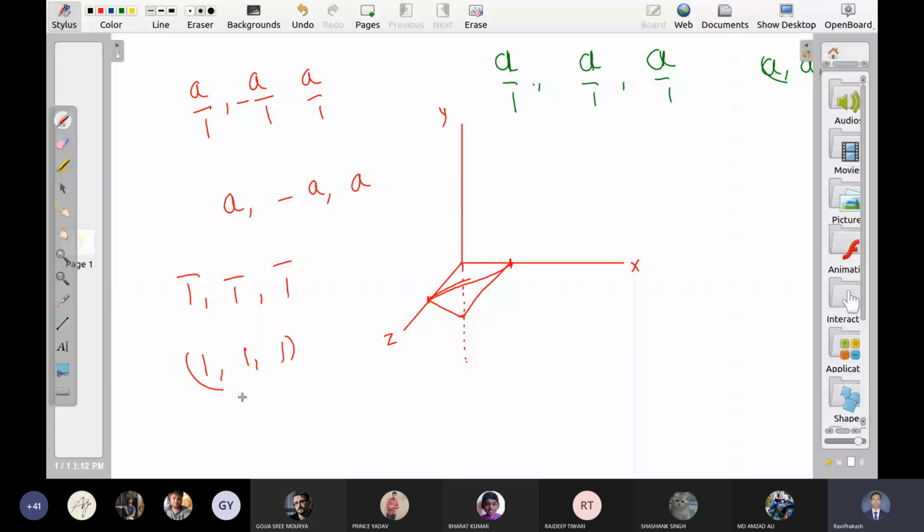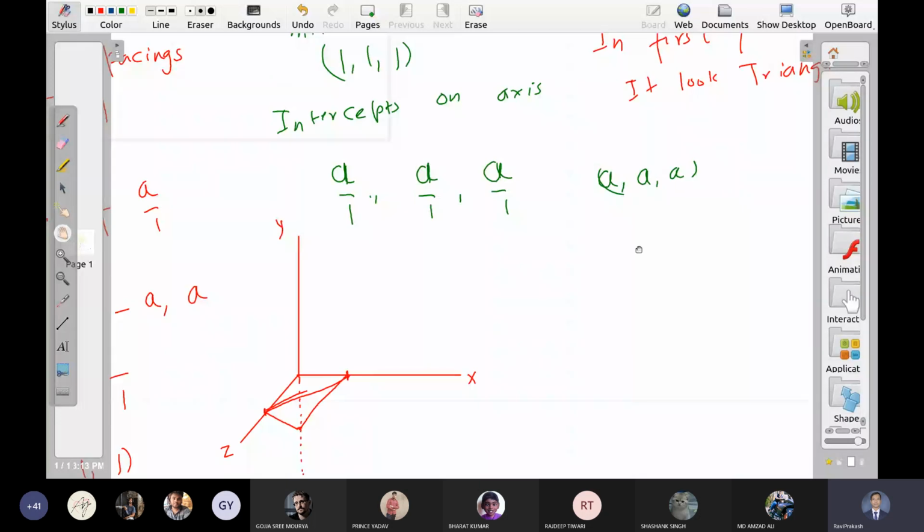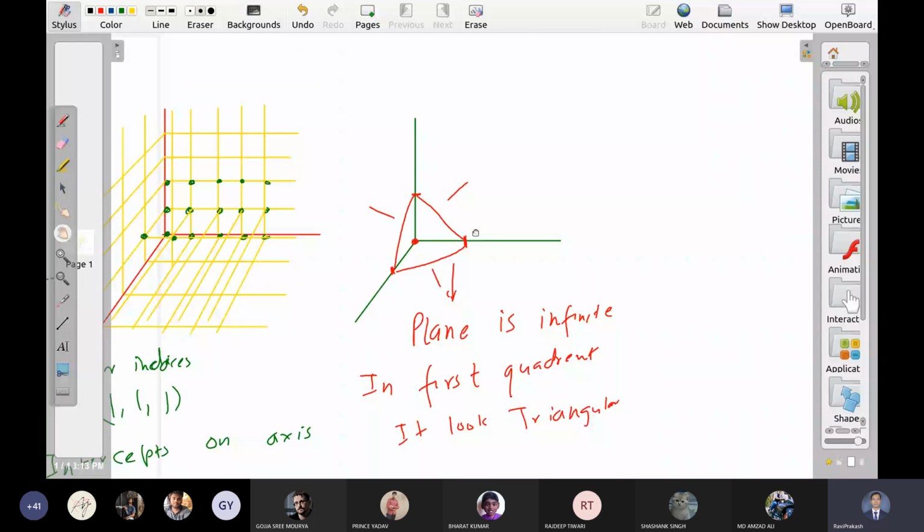What does it mean? क्या मतलब हुआ इसका? Let me work in 2D system. So 1 1 plane means this line. Intercept A on both axes. This is the 1 1 line.